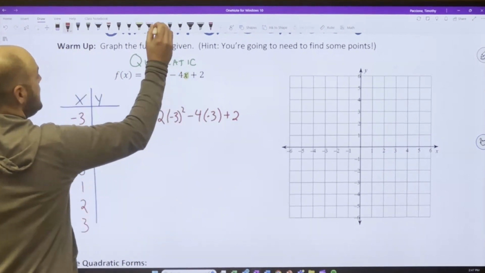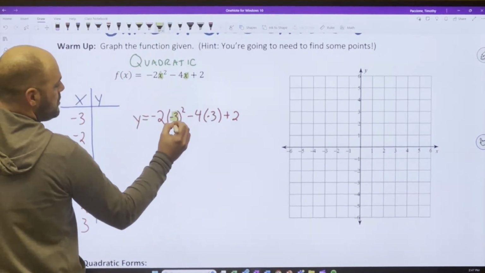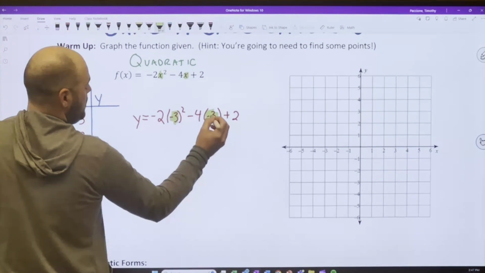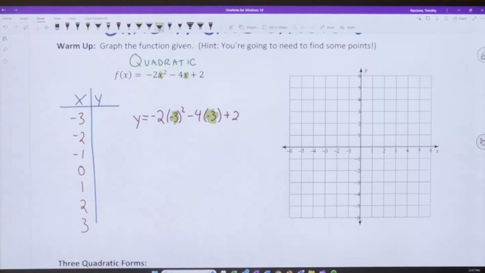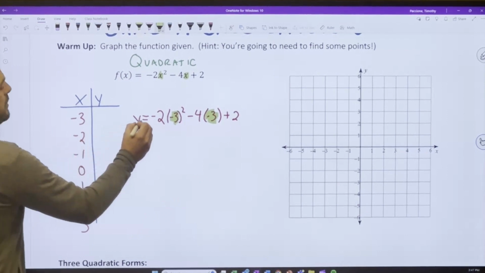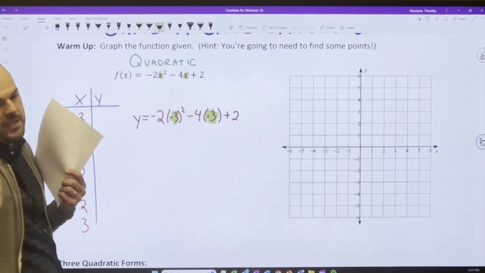All I did was replace these X's with -3 in parentheses. Now, you could sit here and say, all right, -3 squared is 9, 9 times 2. Or you can just grab your calculator and put all of that in and press enter, okay?